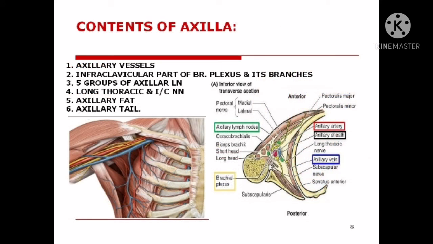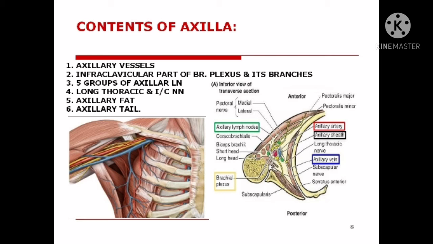The contents of the axilla: the axillary vessels, the infraclavicular part of the brachial plexus and its branches, the five groups of the axillary lymph nodes, the long thoracic nerve, and the intercostal nerves, the axillary fat, and the axillary tail. In the diagram below, the axilla has been shown from the front.